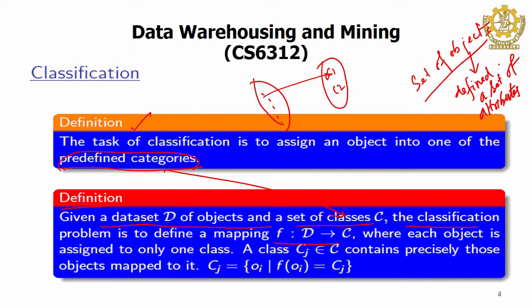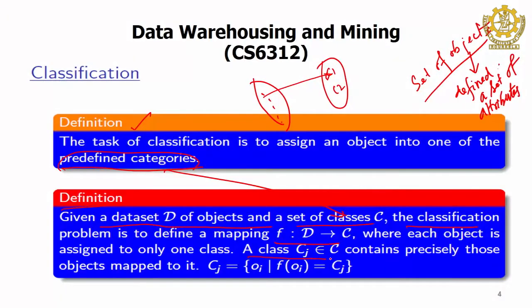So, we have to find a mapping function f from the data set D to any one of the predefined classes, where each object is assigned to one of the classes. That is the traditional definition of the classification technique. We should assign each object into one of the categories, not multiple categories.